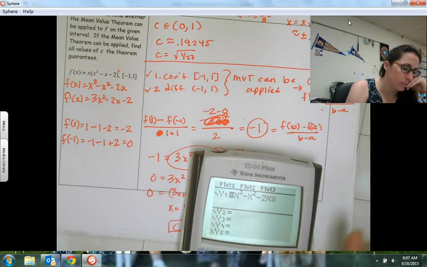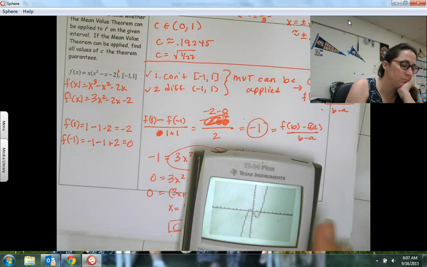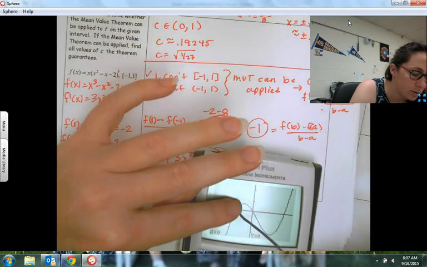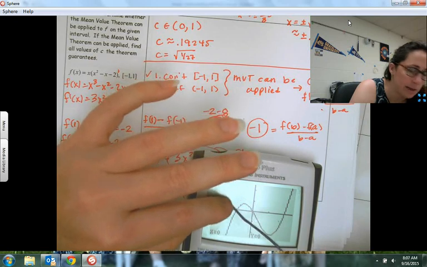Okay, so let's kind of zoom in a little bit between -1 and 1. So if I look at the slope between -1 and 1, it looks about like that.